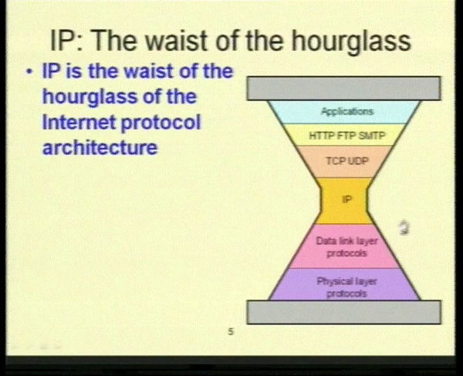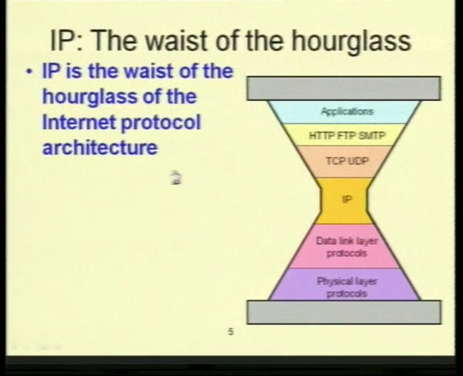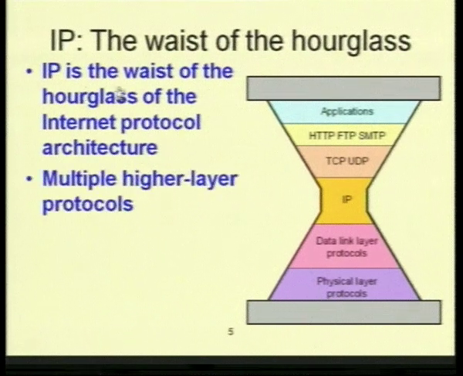Now, looking at the entire IP with respect to all the other protocols, IP is normally called the waist of the hourglass. That is, if you look at all the different protocols starting from the application layer to the physical layer, the IP protocol appears as if it is the waist of the hourglass of the internet protocol architecture.